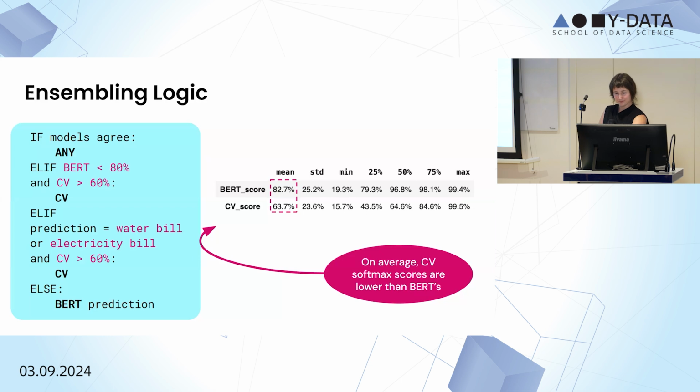And again, for people who are far from data science, the softmax score is this: when you are training a classifier model, you feed it a document, and you do not receive an answer like that's a bank statement, or that's a water bill. You have 13 categories of the document and you receive 13 scores.